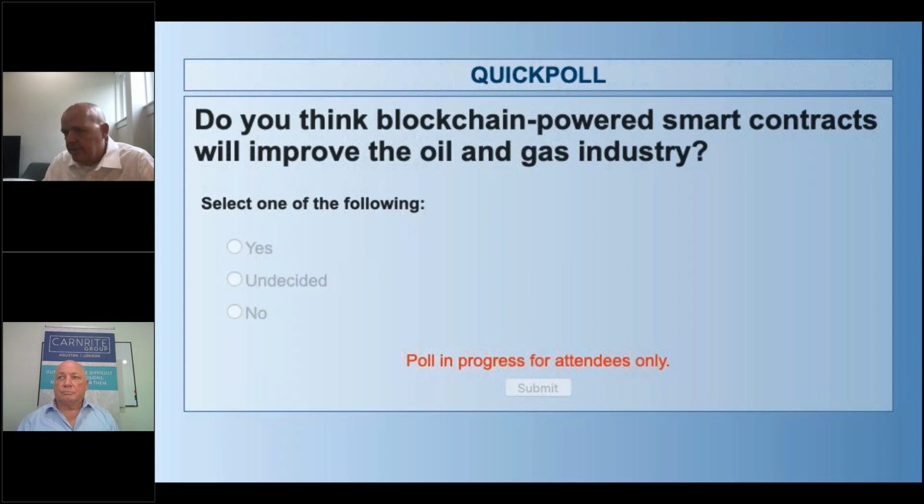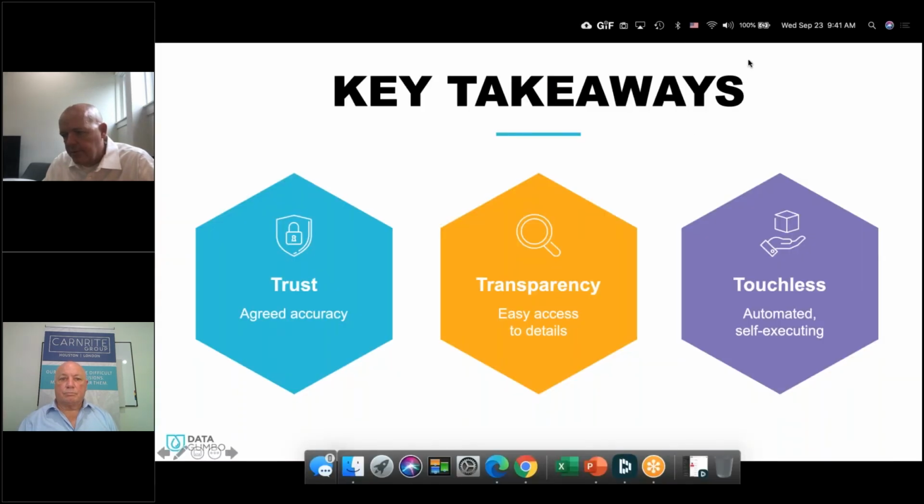So any kind of complex contract between one or more counterparties. If you're drilling a well and you want to track all the expenses associated with drilling a well, provenance, so tracking pipe, or we're working with a couple of companies on the intellectual property of 3D printing. So that's a big one.